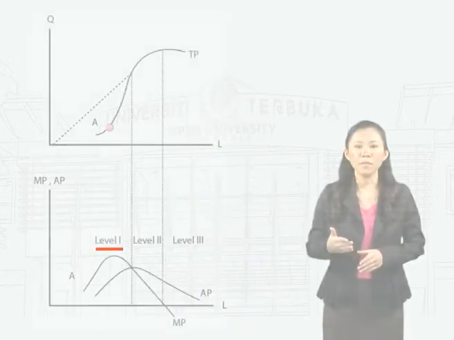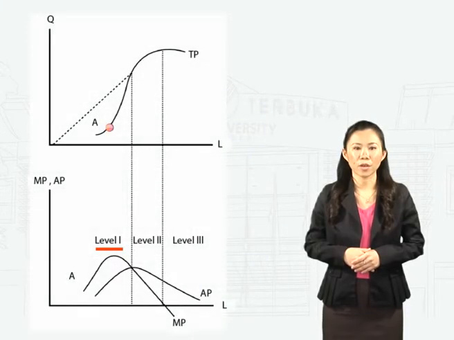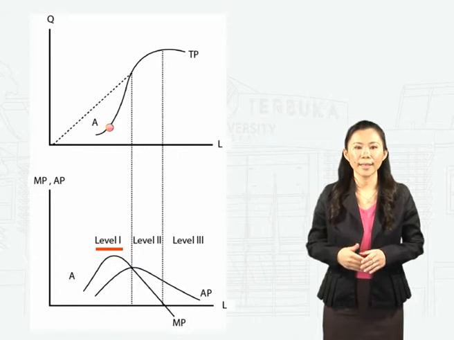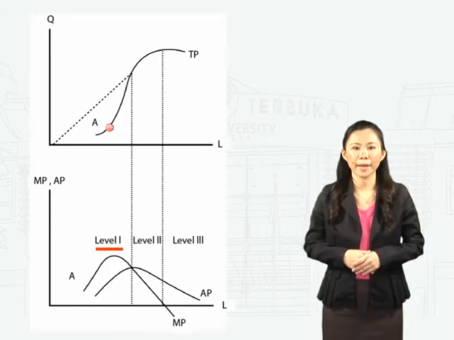Now, we will look at production levels. We can use the relationship between the curves of average productivity of labor, APL, with marginal productivity of labor, MPL, to define the three levels of production in the short run, as illustrated in the figure. Level 1 begins with the usage of the first labor until the maximum point of APL.